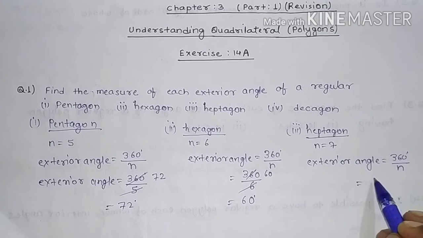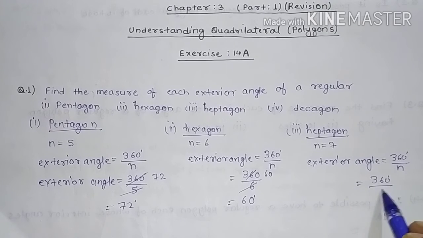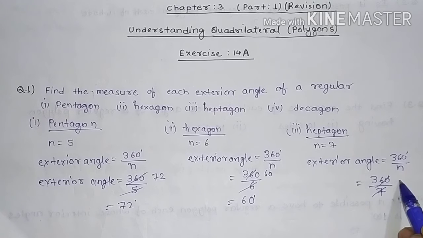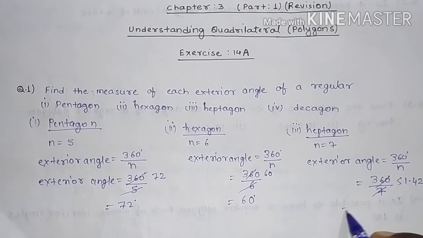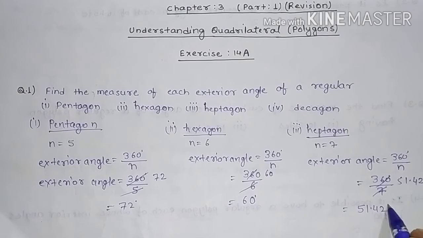Put the value: 360 degrees divided by 7. Now 7 fives are 35, carry 1, 10, 7 ones are 7, 30, 7 fours are 28, 7 twos are 14, so about 51.42 degrees.